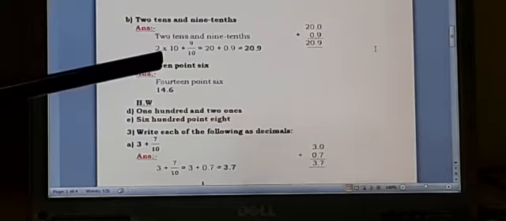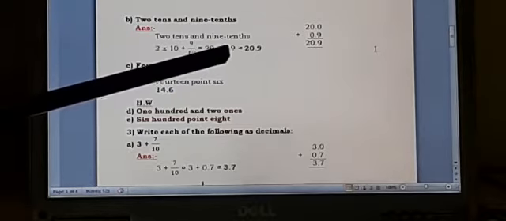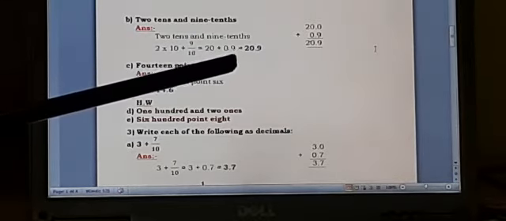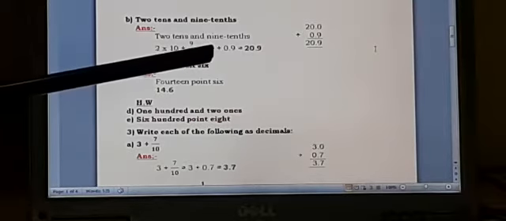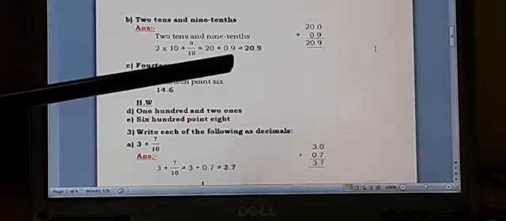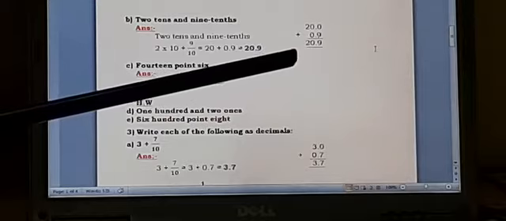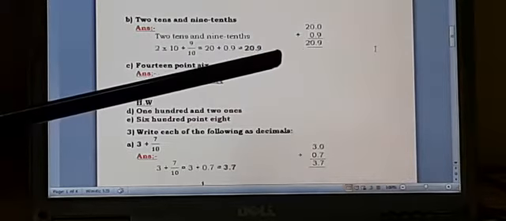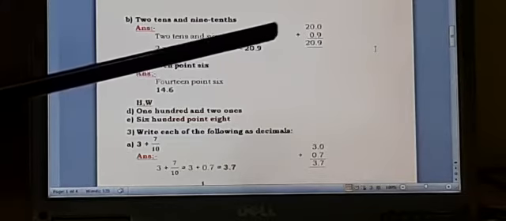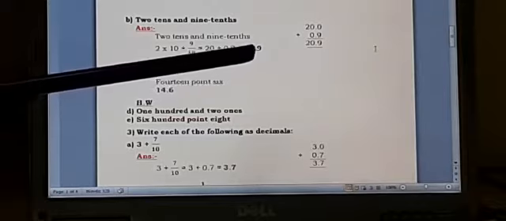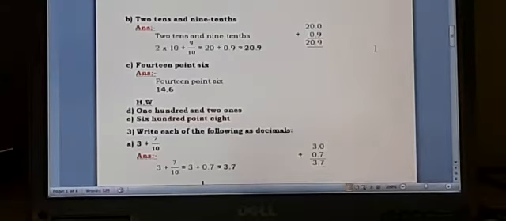So 20 plus 9 by 10, written as a decimal, 0.9. So now we have to add these two numbers. Here, 20 is a whole number that should be written before the decimal point. Next is 0.9. Then you add the numbers, you will get the answer 20.9.